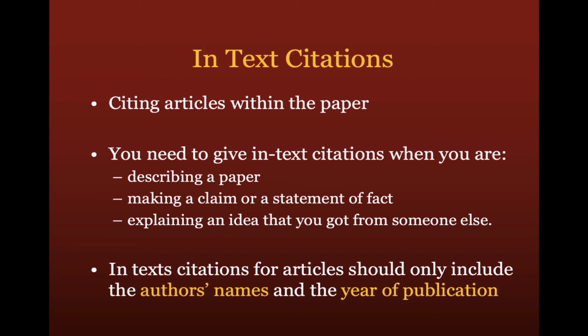In any of those contexts, you're going to want to cite where you got that information from. The goal here is to make sure that you are not inadvertently plagiarizing and taking credit for something that you didn't do. And for in-text citations, all you need to include is the authors' last names and the year of publication.